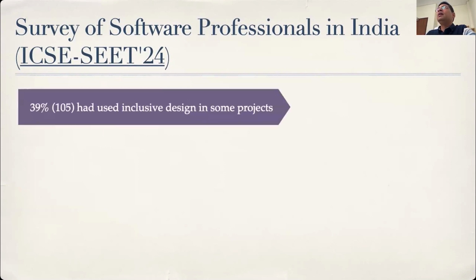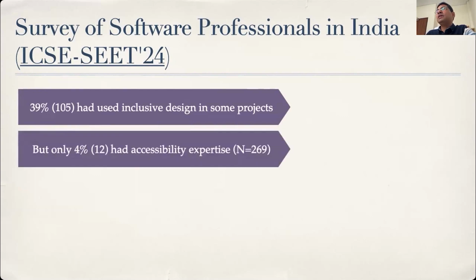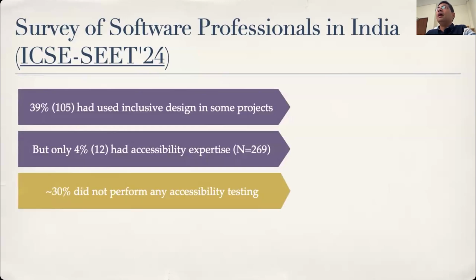So here we surveyed 269 software professionals in India, and although about 40% of them had used inclusive design or accessibility in some projects, only 4% had undergone some accessibility training, like they considered themselves accessibility experts. So again, there was a wide gap we saw here.